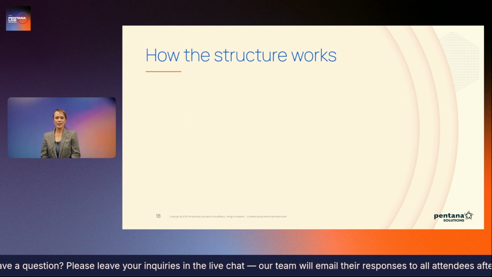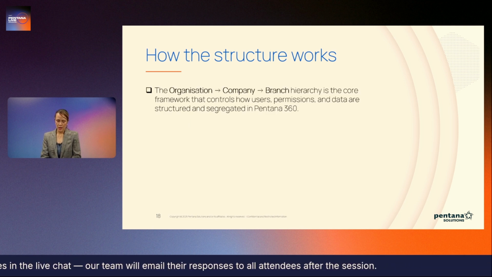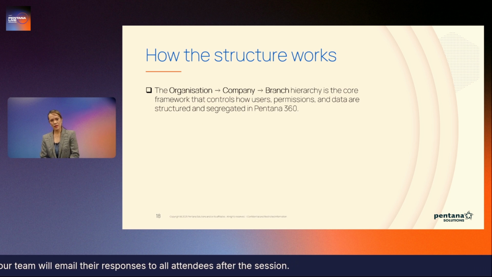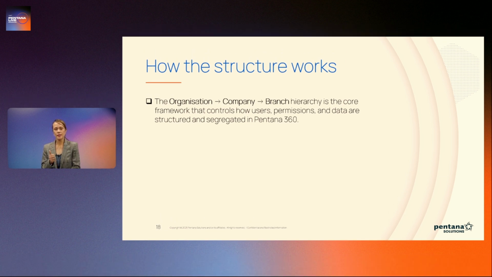Now that we have defined the levels, how does this structure actually work in practice? The organization, company, branch hierarchy is the core framework that controls how users are organized, permissions are applied, and data is separated and secured in Pentana 360.